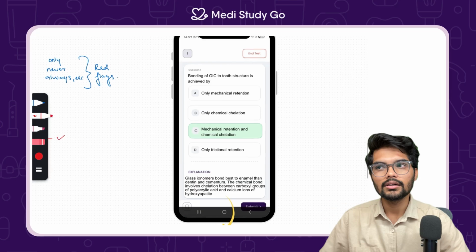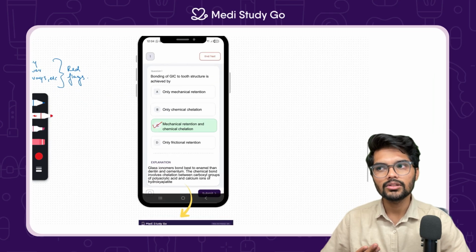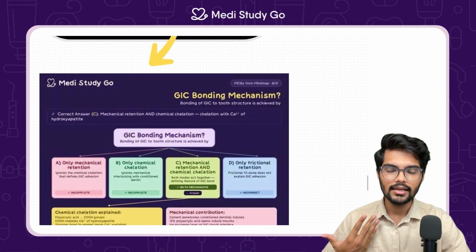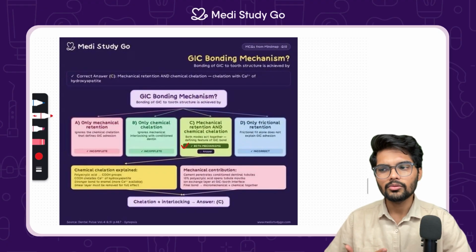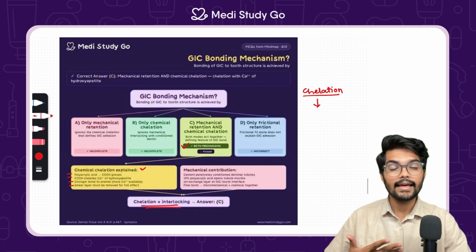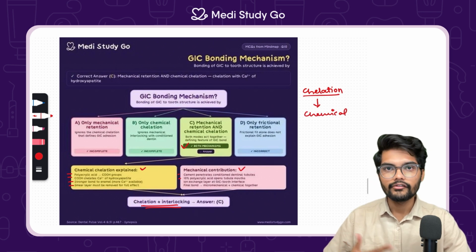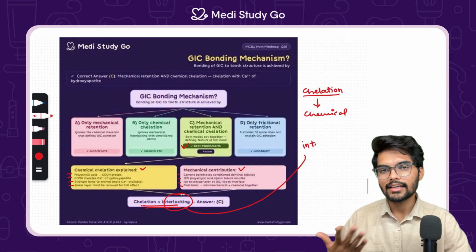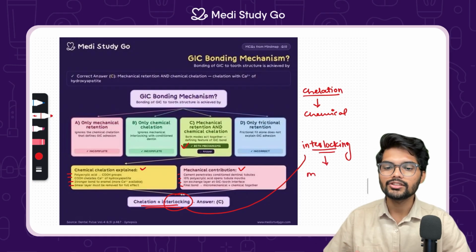So chelation is basically how the chemical bond is achieved, and the micropores formed are going to do the micromechanical retention or the interlocking, which is why chemical as well as mechanical retention is seen.